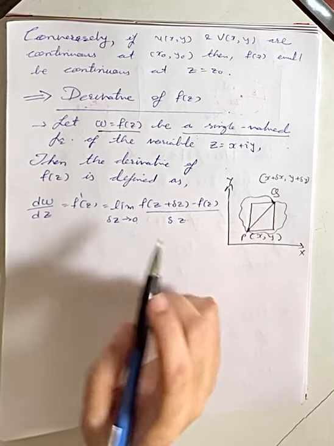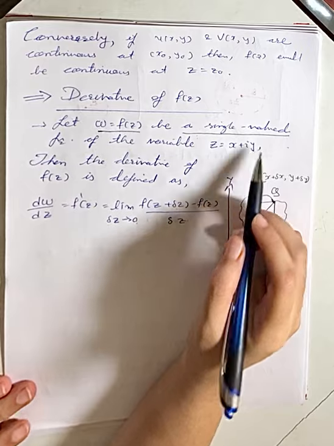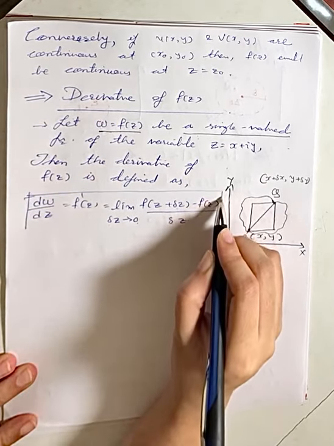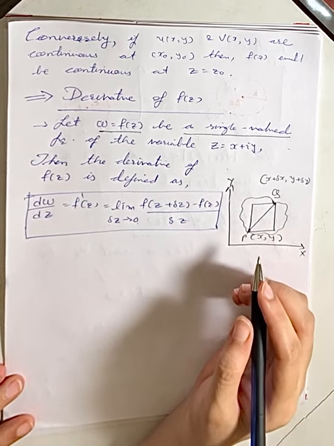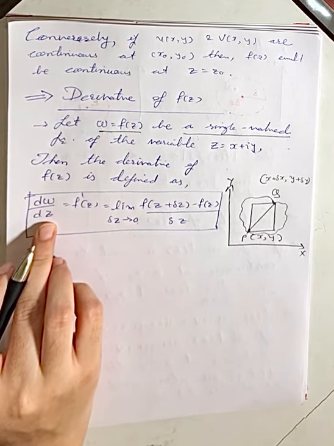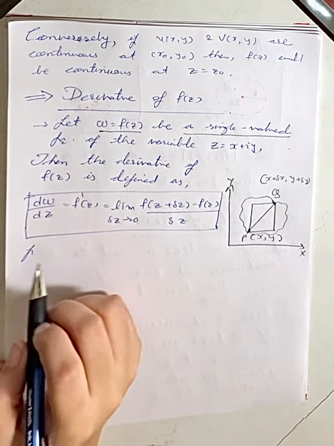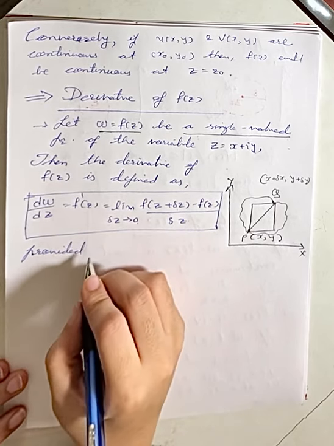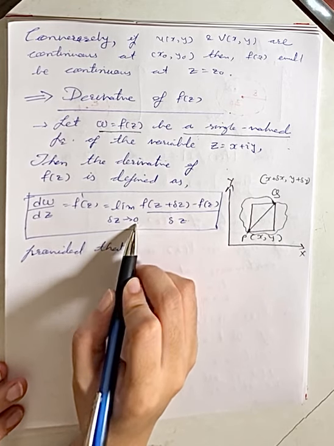So we defined f of z to be single valued with this z variable. Then the derivative of f of z is defined like this, but we can define this derivative only under certain conditions. You can define the derivative of f of z provided that the limit we have defined here exists.